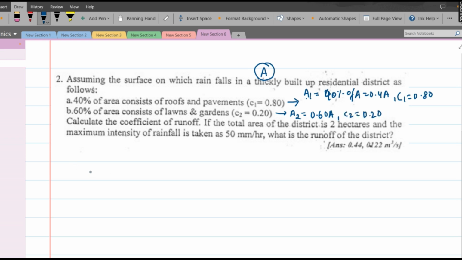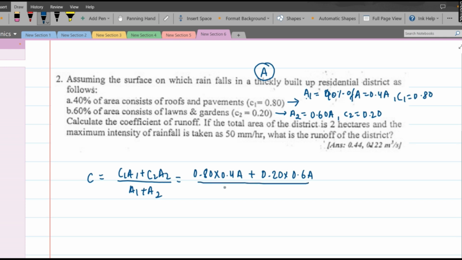Now we need to calculate the average coefficient of runoff. Let's say C equals C1 A1 plus C2 A2 divided by A1 plus A2, right? So C1 is 0.80 into 0.4A plus 0.20 into 0.6A, divided by 0.4A plus 0.6A.